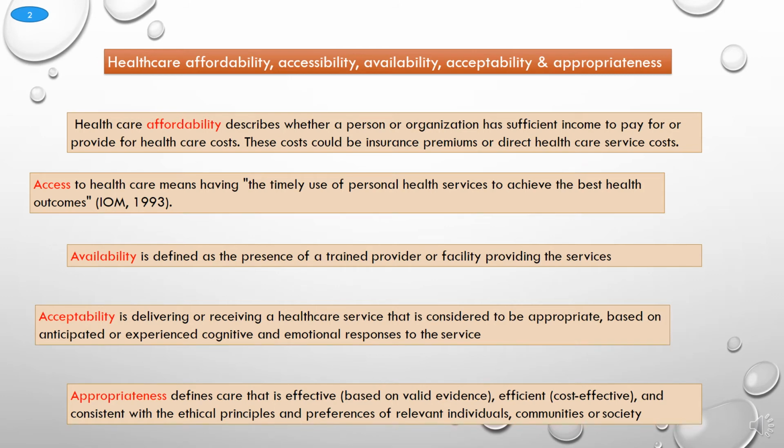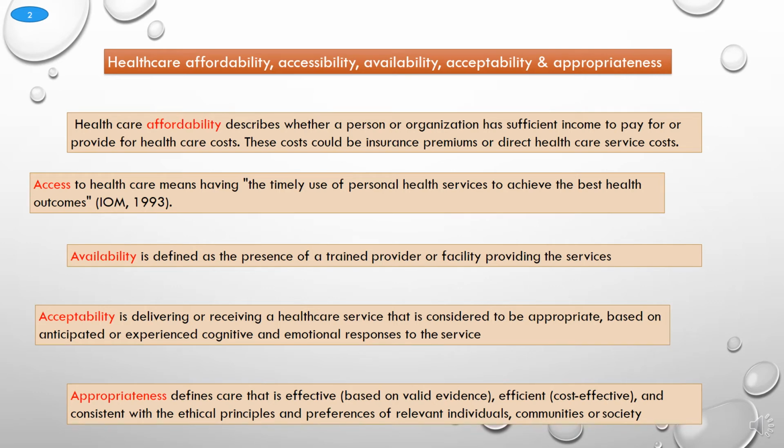Next, we have the issue of healthcare affordability, accessibility, availability, acceptability, and appropriateness. So what do you mean by affordability? It describes whether a person or the organization has sufficient income to pay for or provide for healthcare costs. Access to healthcare means having the timely use of personal health services to achieve the best health outcomes.